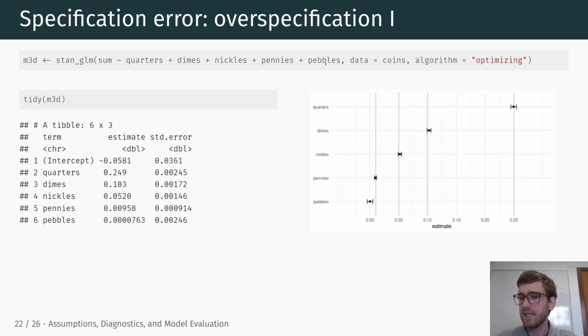Again, we can look at the results, and we see that including the number of pebbles, which have no direct monetary value, doesn't really impact our estimates, right? So everything is still fine. We're correctly estimating that pebbles have a value of very close to 0. Our intercept is again close to 0 as well, and we correctly estimate the value of each of the coin types.